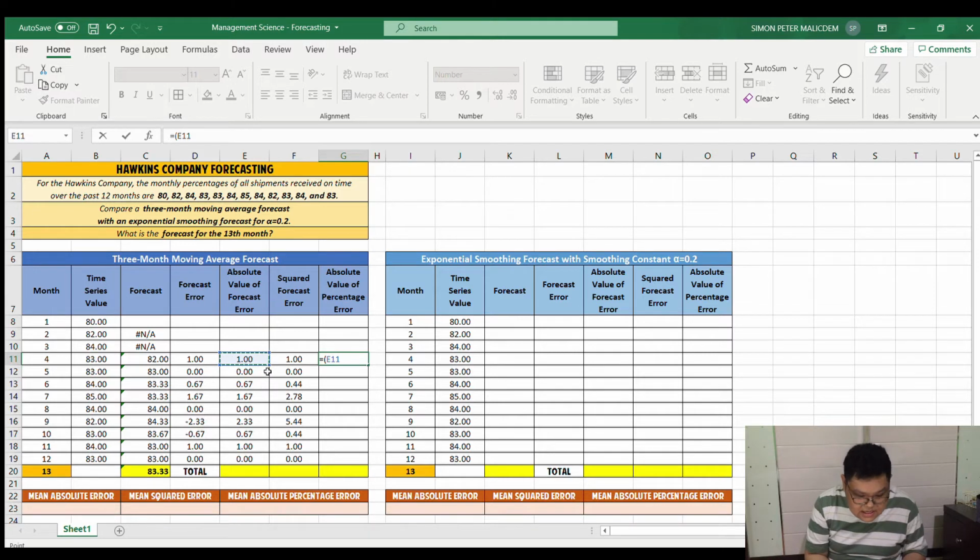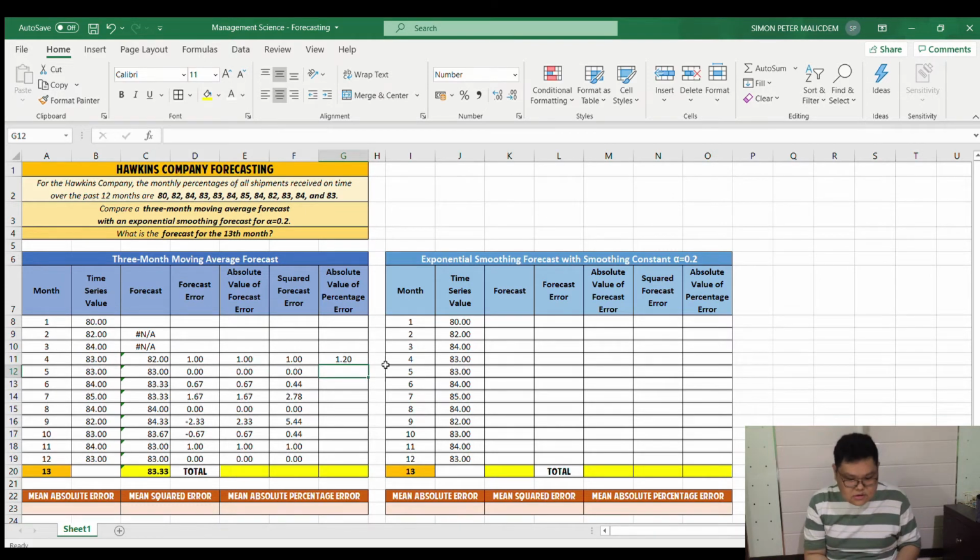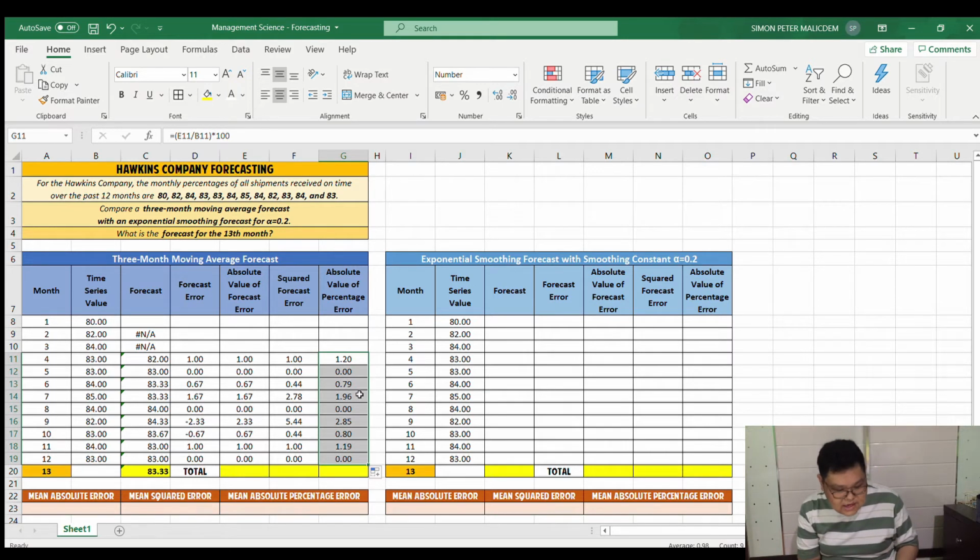Just click the cell, divided by the time series value, close parenthesis, and multiply it by 100 since this is a percentage. Click enter. So drag the corner to the 12th month. So there we have it, our absolute value of percentage error.